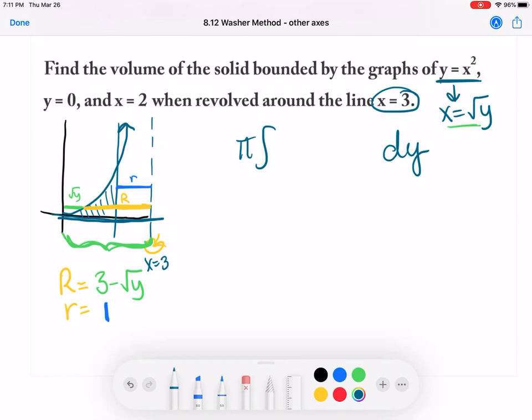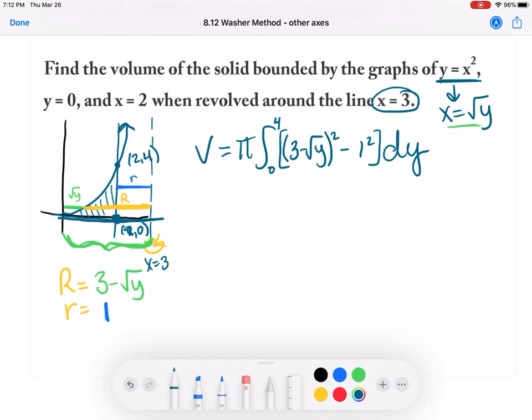Okay, we know from yesterday the washer method takes big R, so 3 minus root y squared, minus little r squared. And our limits of integration are from this point down here, which is (2, 0), to this point up here, which is (2, 4). So we're going to integrate with y values 0 to 4.